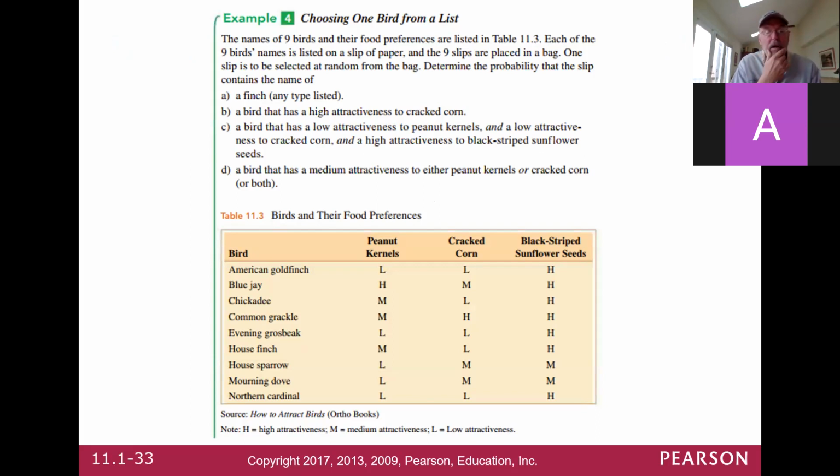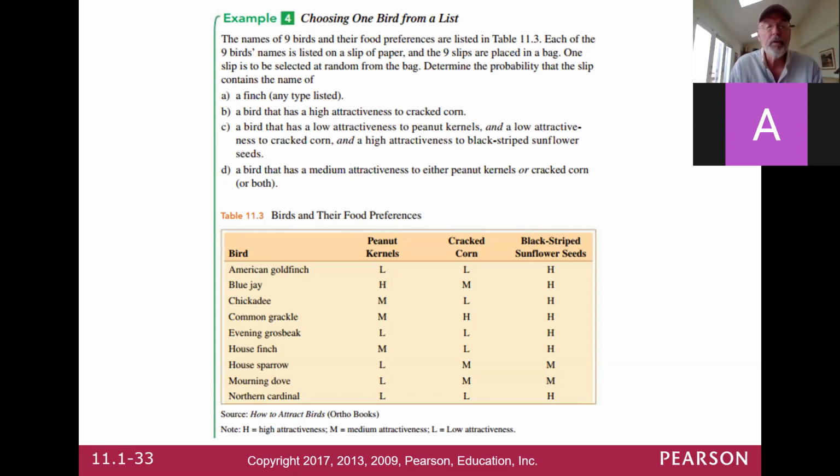So here is another example out of the book. And I want some help here. So think about this table. This table has the names of 9 birds and their food preferences. So there are 5 different types of birds.